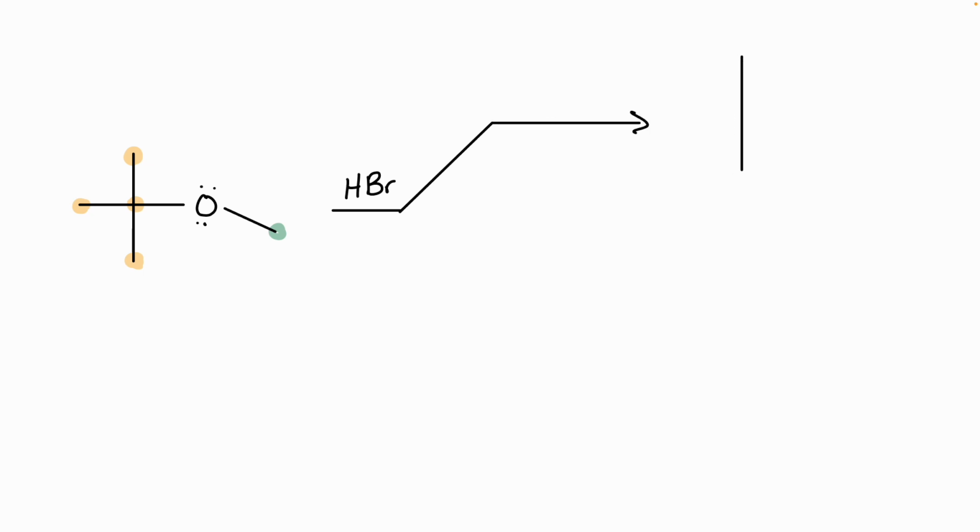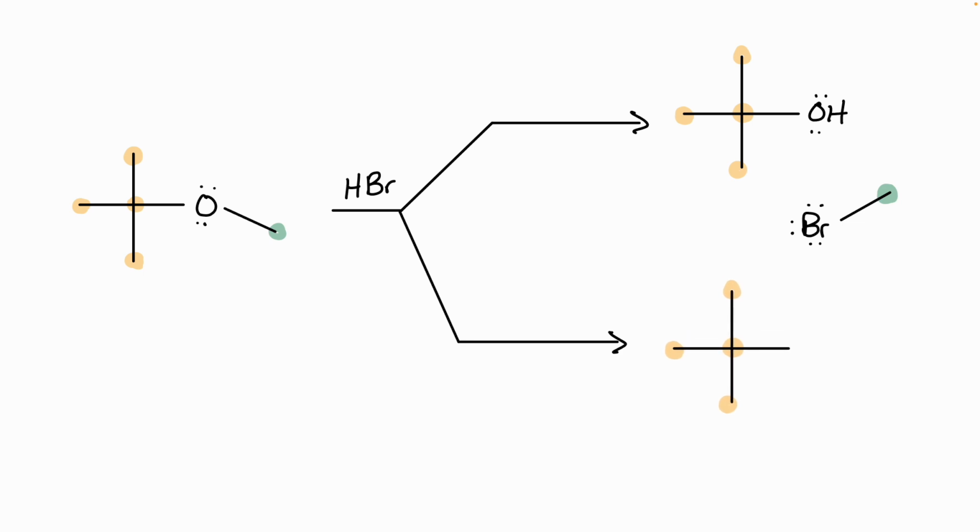Either that orange fragment is my alcohol and that green fragment is my alkyl halide, or vice versa: the orange fragment's my alkyl halide, and the green fragment is my alcohol.